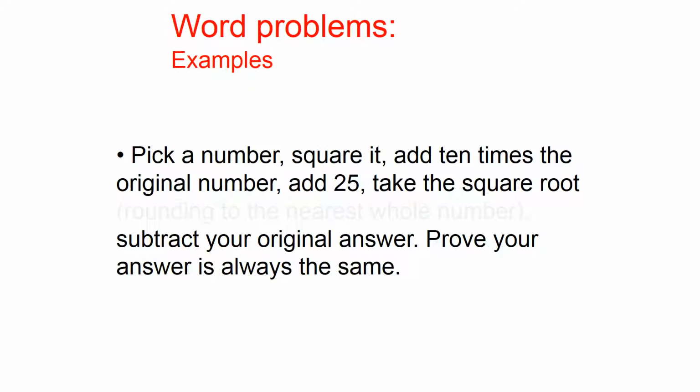Let's call your number n, because I can't draw the Batman symbol again. So your number is n, and we square it to get n squared, then add 10 times that number, then add 25.